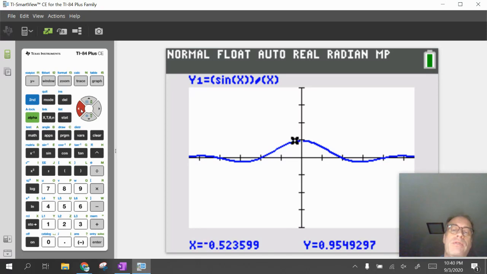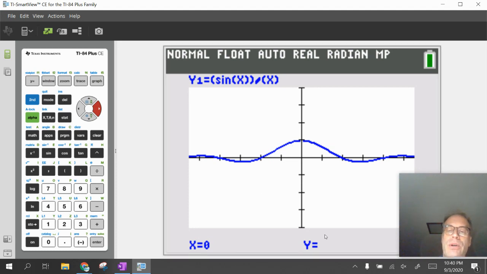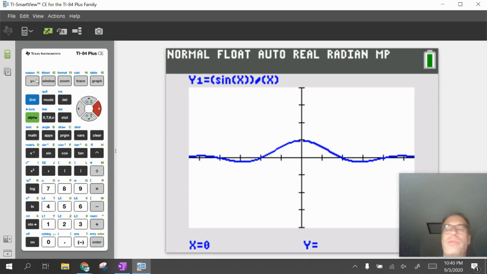And as I close in from the left, once again, I'm closing in on a value of 1. But what do you notice? At 0, there's an open dot there. The value is not defined at x equals 0. So therefore, the limit would be 1, but doesn't mean that I have a value.